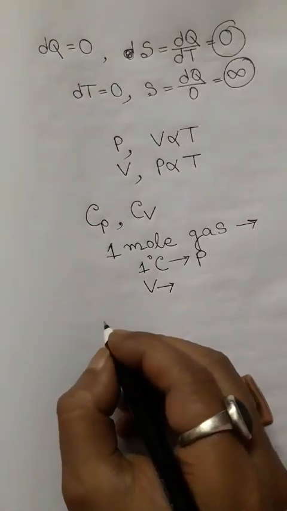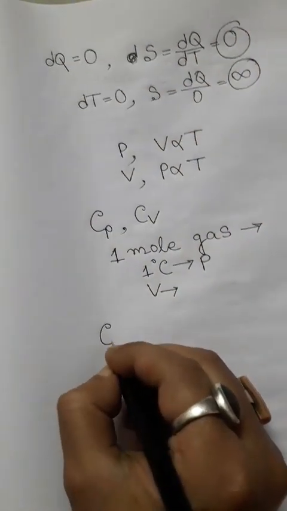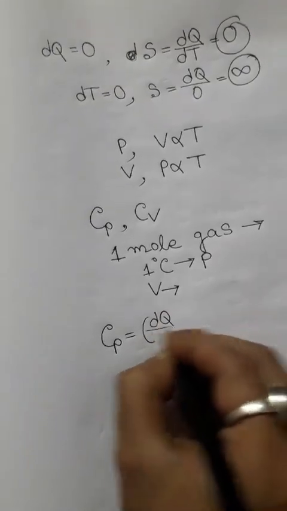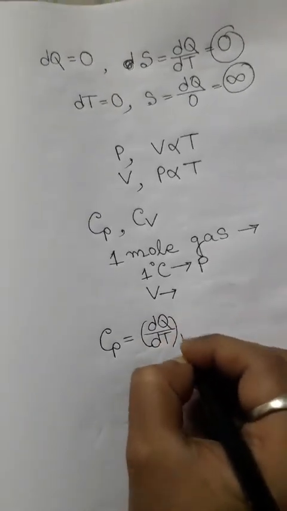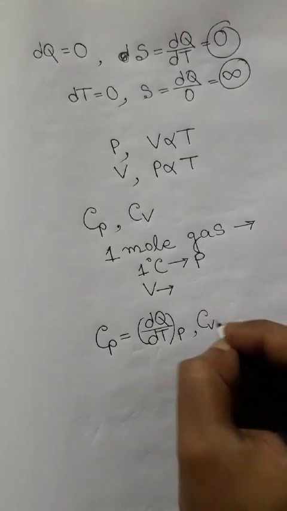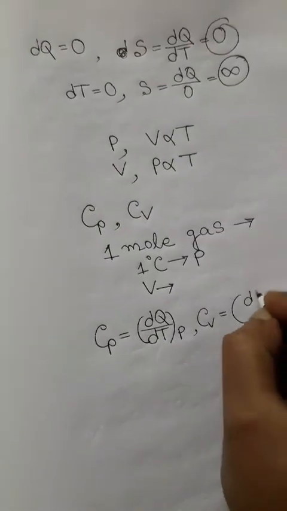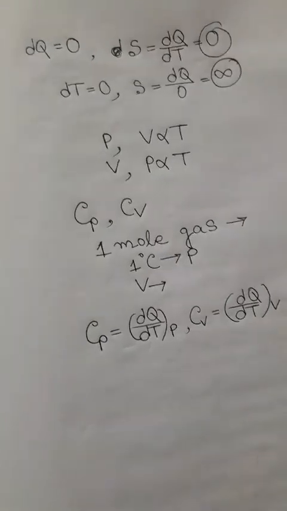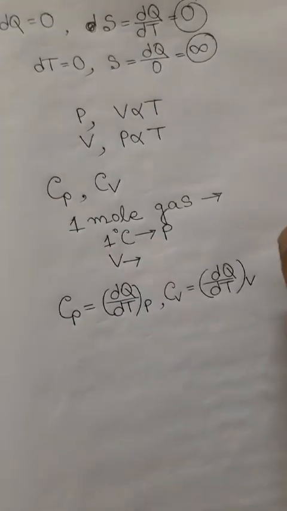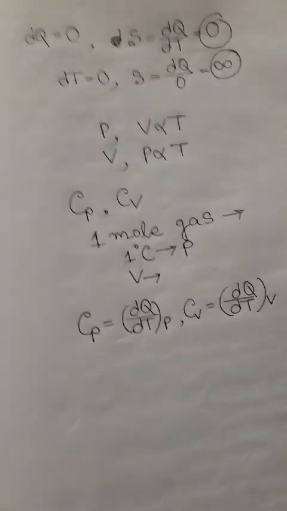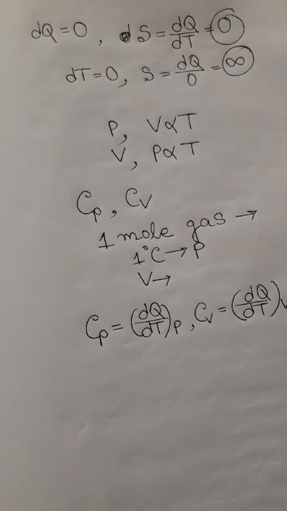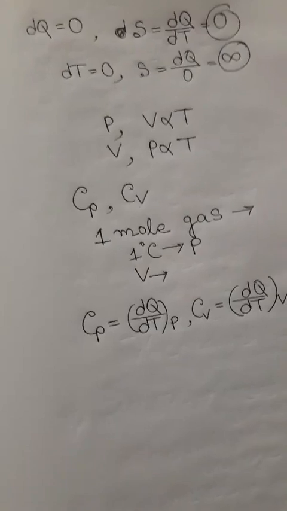In more general mathematical form, Cp equals dq/dT at constant pressure, and Cv equals dq/dT at constant volume. Thus we see that a gas has two types of specific heats and their definitions are given.